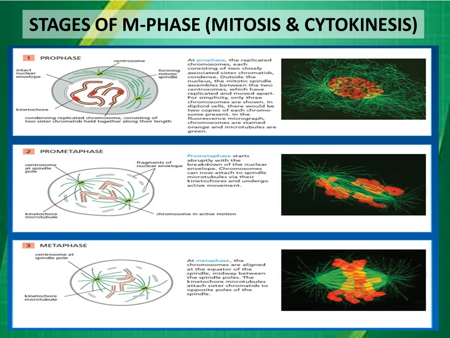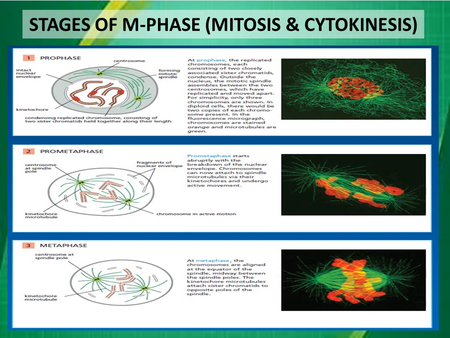Prophase. At prophase, the replicated chromosomes, each consisting of two closely associated sister chromatids, condense. Outside the nucleus, the mitotic spindle assembles between the two centrosomes which have replicated and moved apart. Prometaphase.